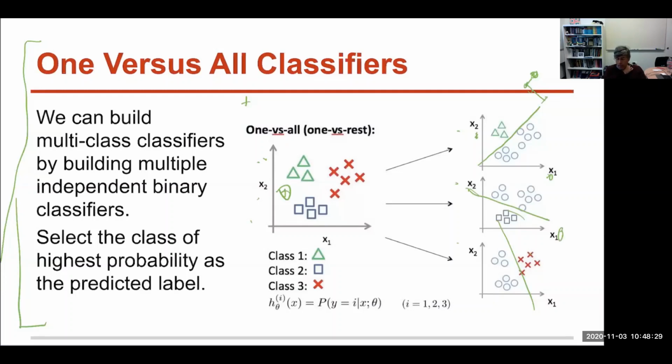If this was the point we were considering, this one would have a higher chance of being positive in the 3rd classifier. And so the class we report is the class with the highest probability. Any questions?